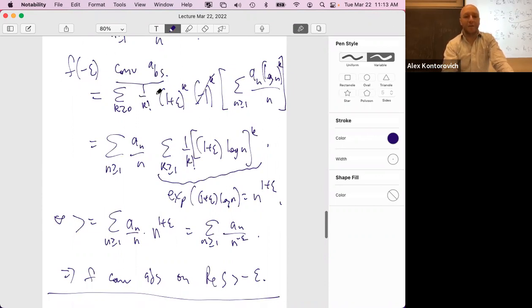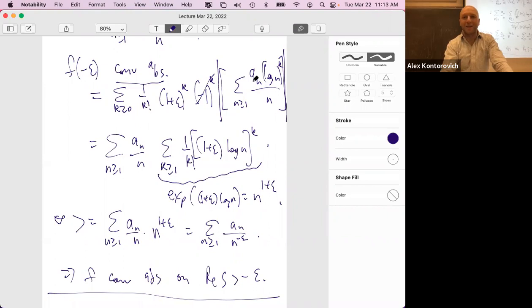It means that if we take absolute values inside, so we have this 1 over k factorial thing, if I took absolute values here, that would converge. But everything here is non-negative, so I can just drop the absolute values. I'm not getting any cancellation in the sum that's making it converge.